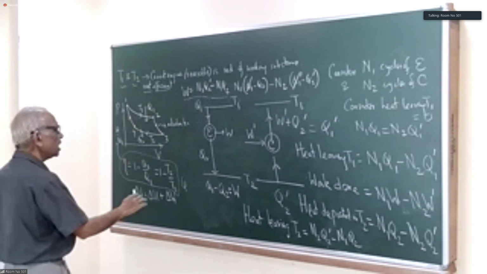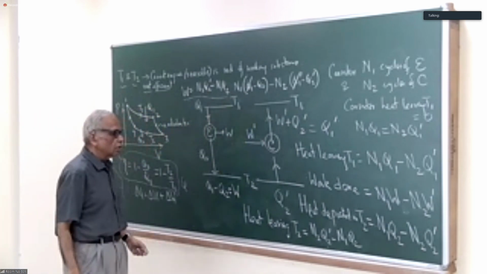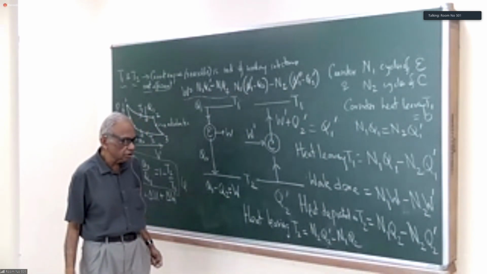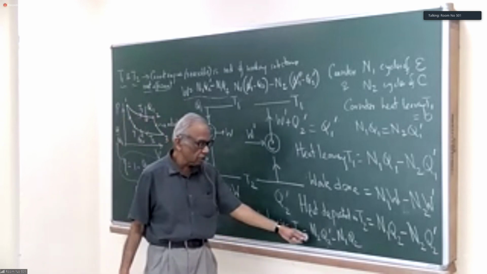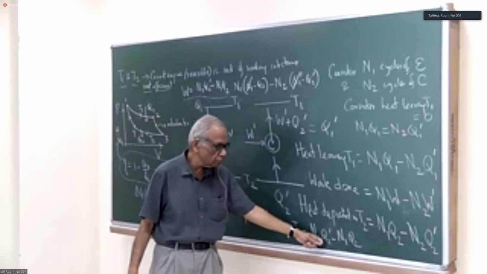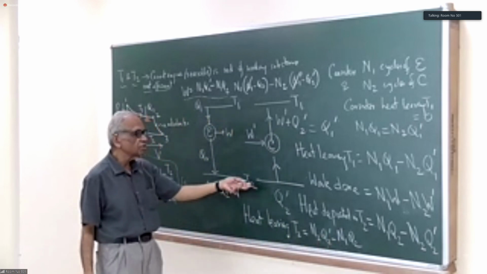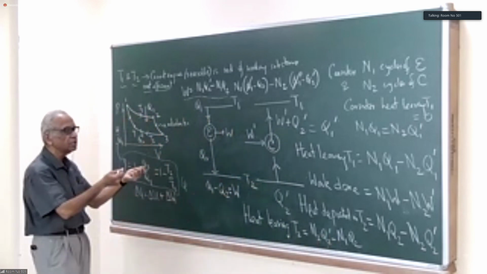So nothing is happening at this level. What is happening at T2, the bath at constant temperature T2, there is a certain amount of heat, N2 Q2 prime minus N1 Q2, which is being drawn from the temperature T2.